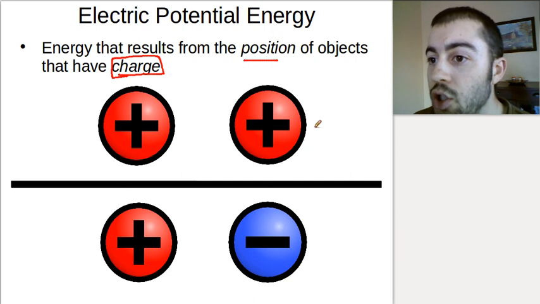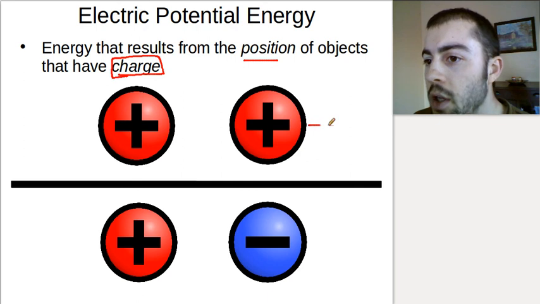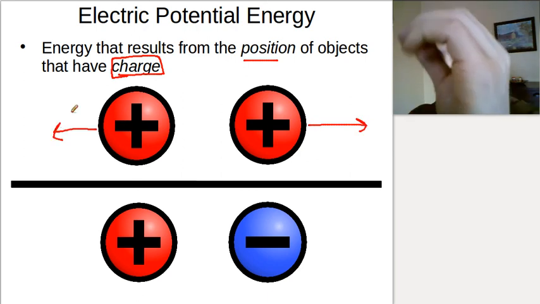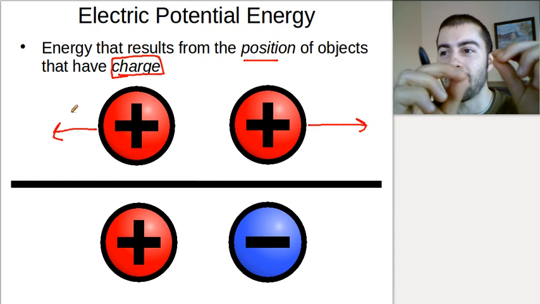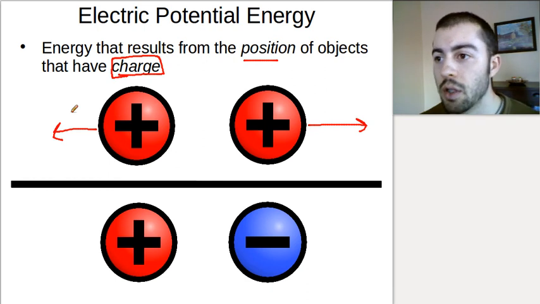Well, like charges repel each other. A positive charge doesn't want to be near another positive charge. They're going to want to push away from each other. So in this case, they're both going to want to go this way. So if we push these charges together, they're going to want to spread apart. All right, so we're giving them the potential to spread apart by the position we're putting them in.